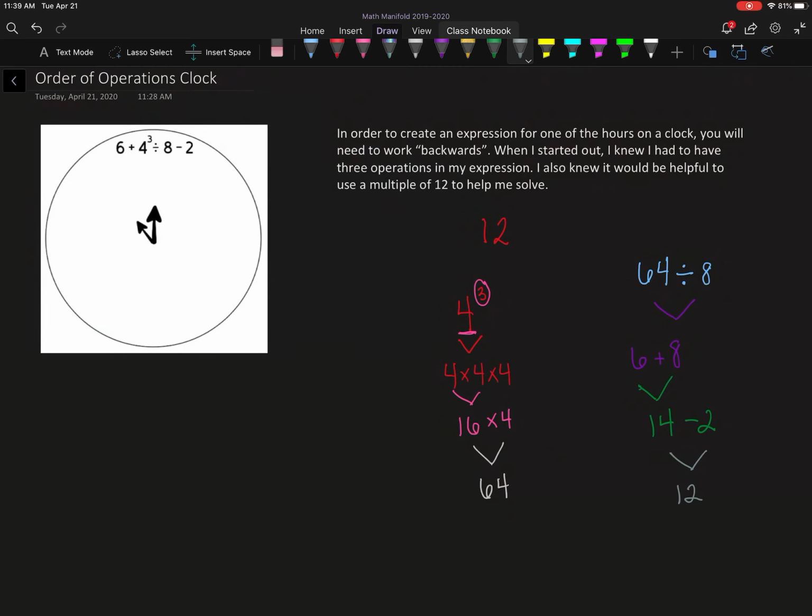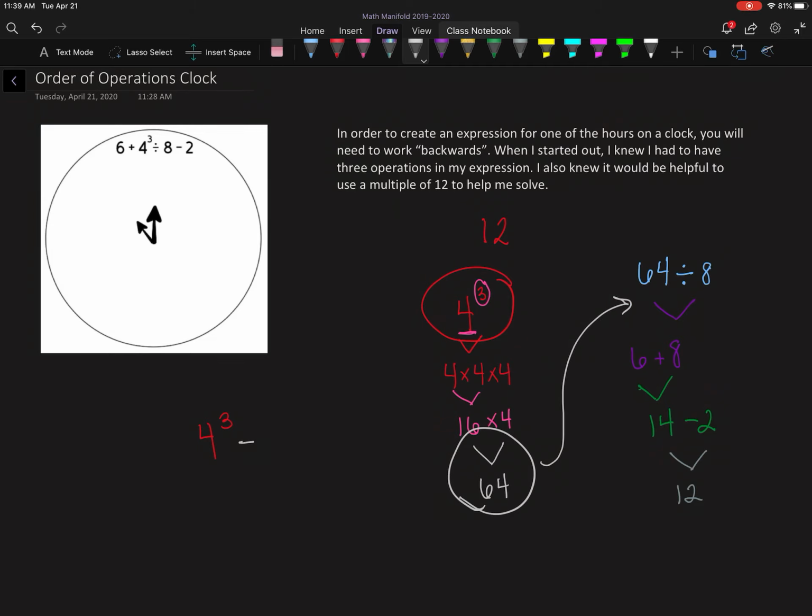So when I went to write my actual expression, I took my 4 to the third power, and I did that first. Second, I took the product of 4 to the third power, which was 64, and I chose to divide by 8.